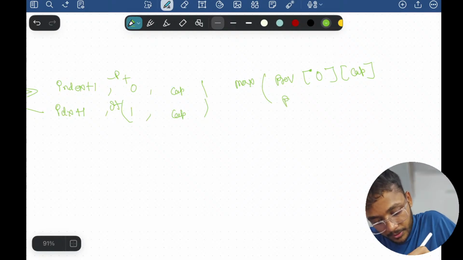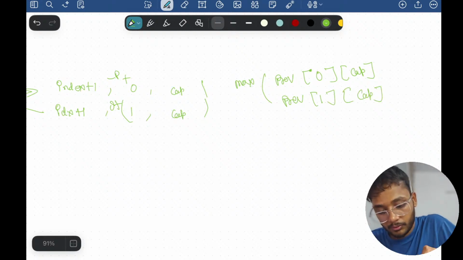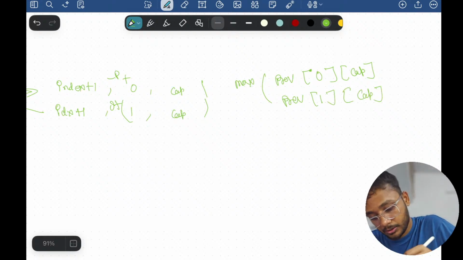Or previous of 1, it will become 1, and capacity, if you are buying, you won't change capacity.